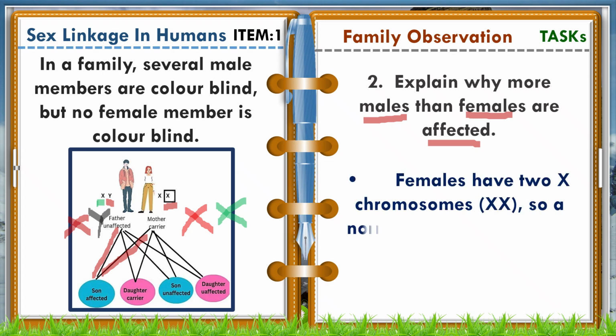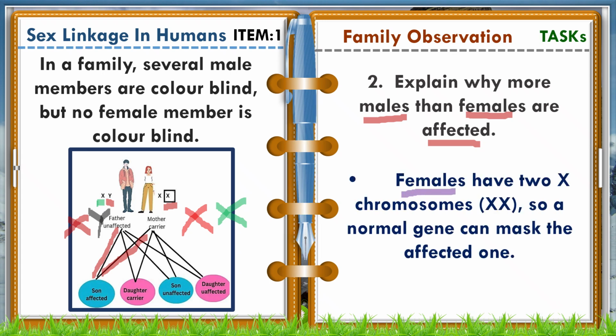So here we see that the females have two X chromosomes, making it X and X. So the normal gene, which is on this X chromosome, will mask the affected gene.